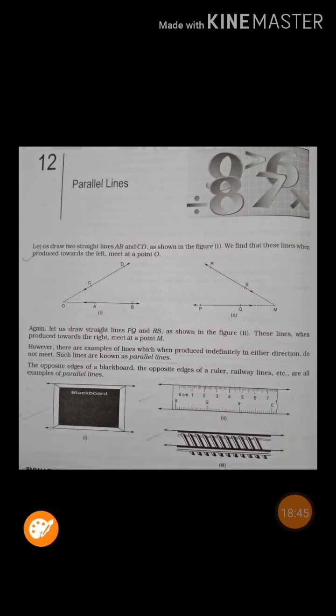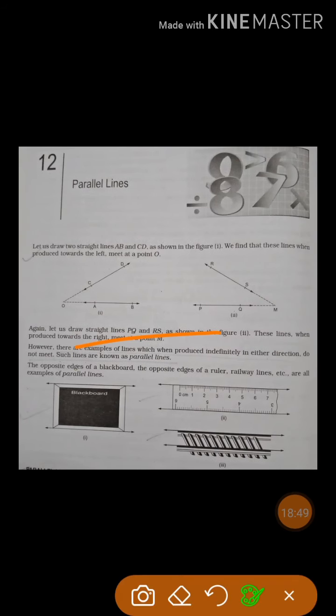See one more example. There is a line, and this is the other line. These are also not intersecting each other. But if we extend them, it is already long, the first one is.